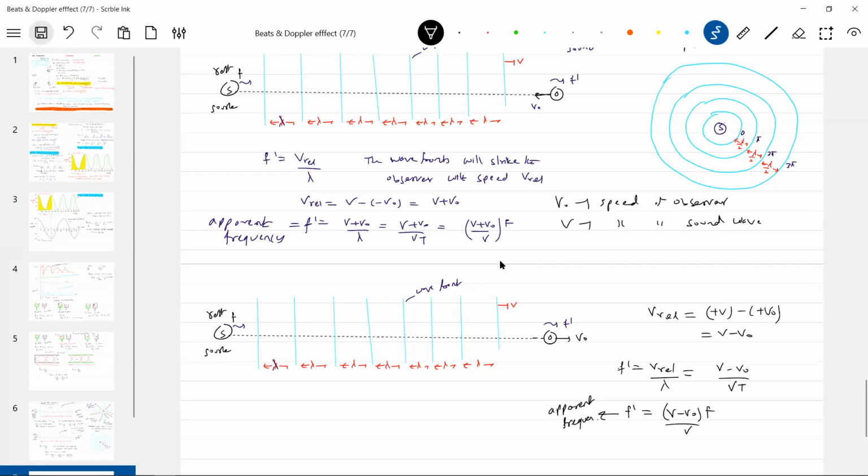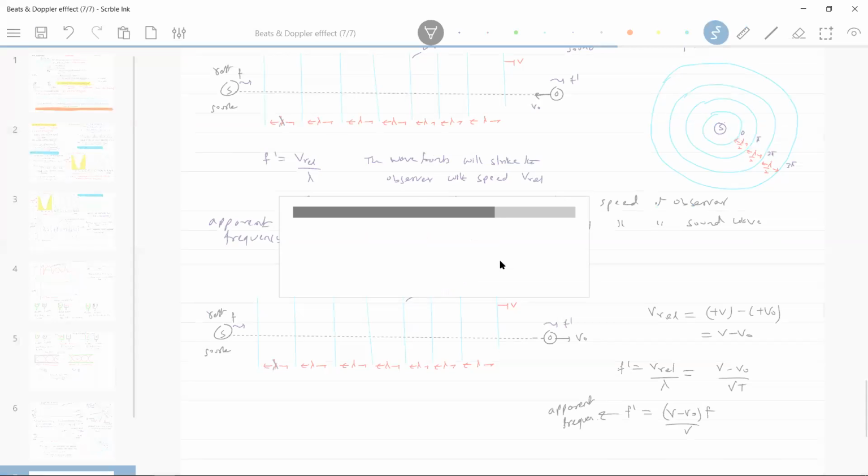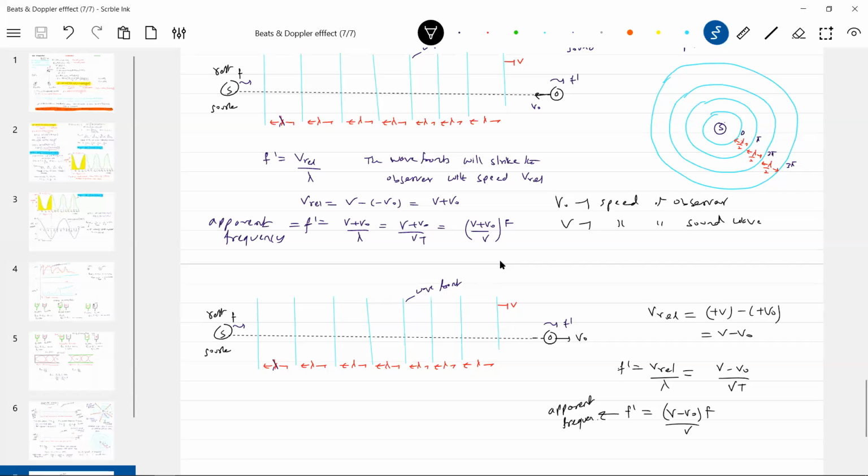So why is this called the Doppler effect? The source generates a sound signal at frequency f. Because of the relative motion between source and observer, the measured frequency will be less than the actual frequency, the apparent or measured frequency. f is the actual frequency.